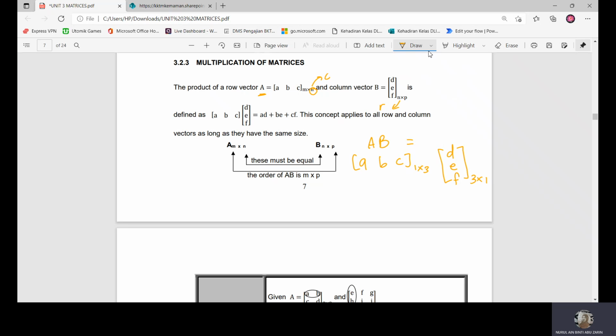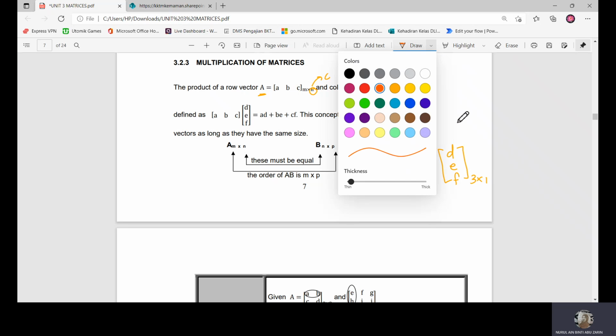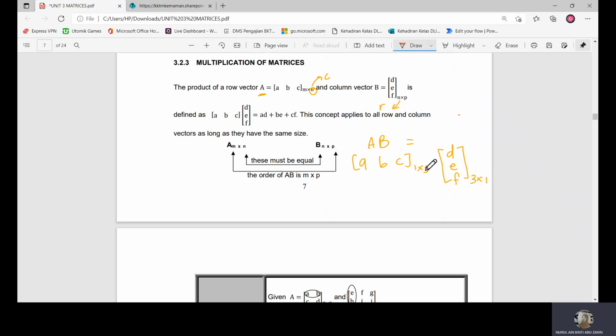The thing that you have to make sure here is that the middle values, 3 and 3, are the same. They need to be the same, then only you can multiply.